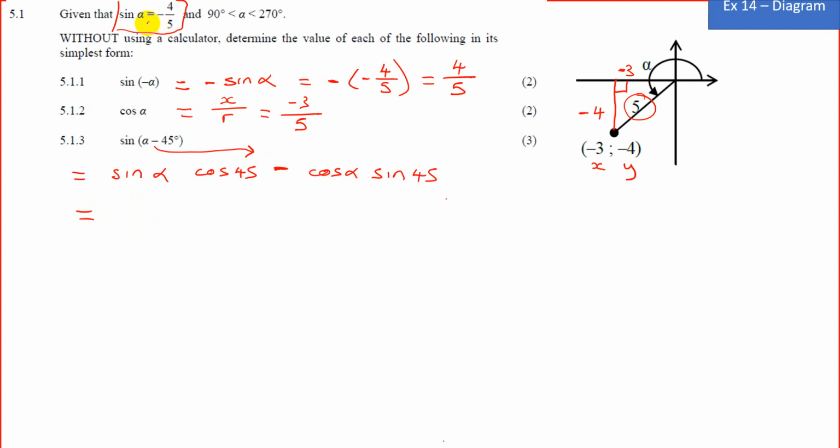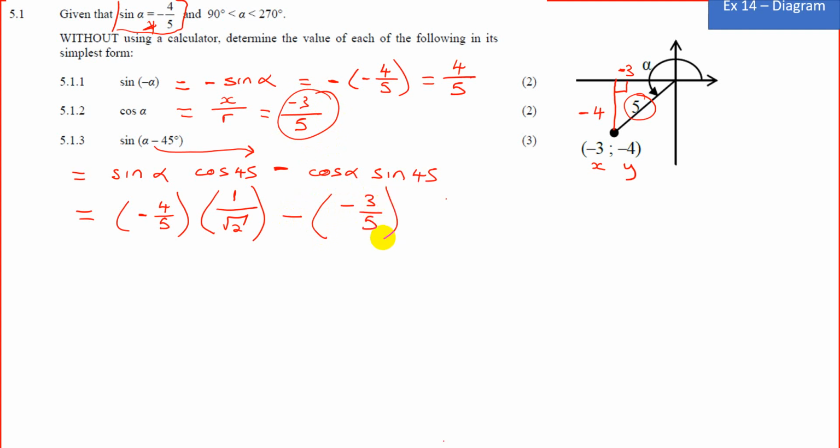Actually, it was given on the top. So we can replace sine alpha with -4/5. Cos 45 is a special angle, and that is 1/√2. Minus cos alpha we also found in a step above, which is -3/5. And sine 45 is a special angle, which is 1/√2.